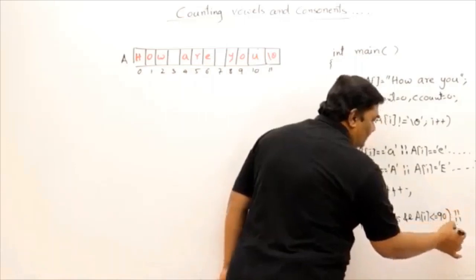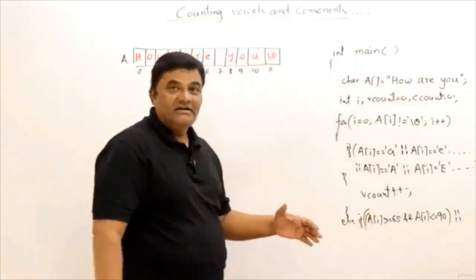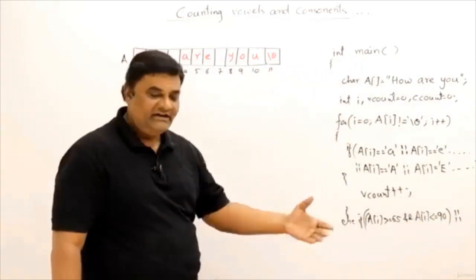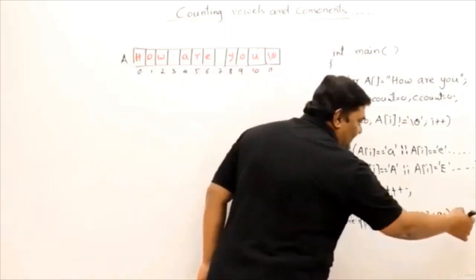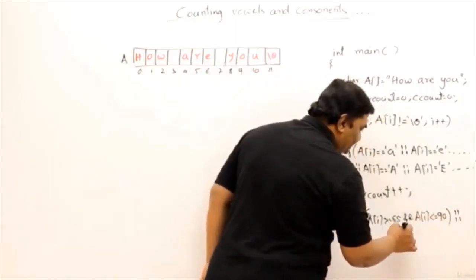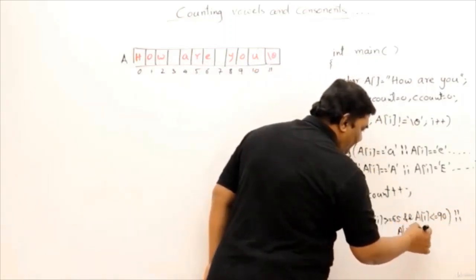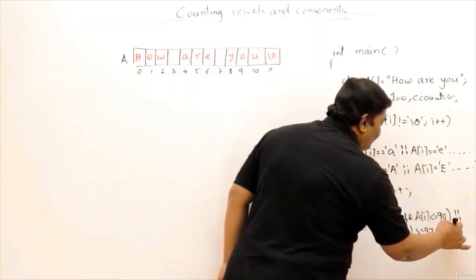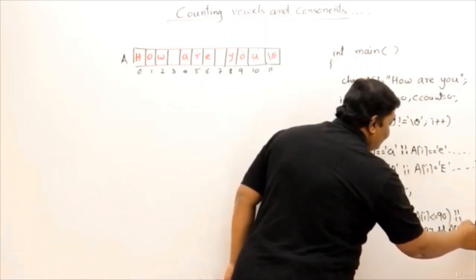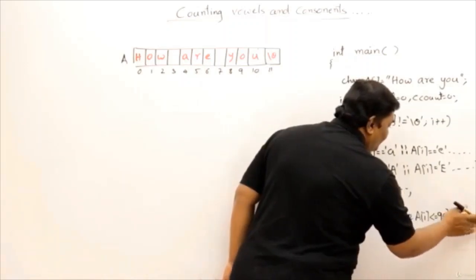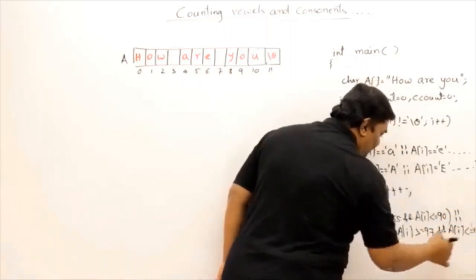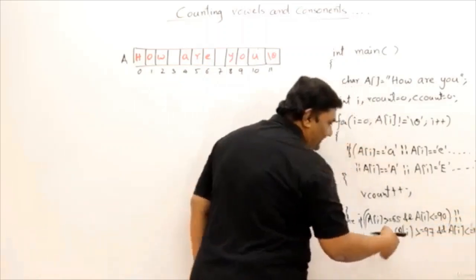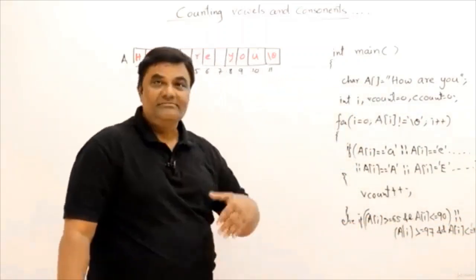Or this is for capital letters, or it should be lowercase. So again, I should continue here, no space, so I will write here. A of I should be greater than or equal to 97 and A of I should be less than or equal to 122. So it should be 122. So if it is within this range, that is either lowercase or uppercase.